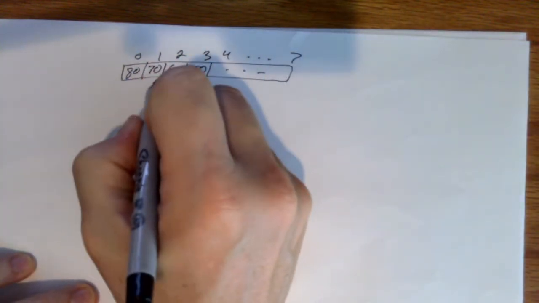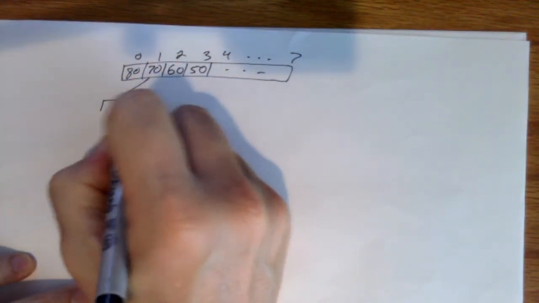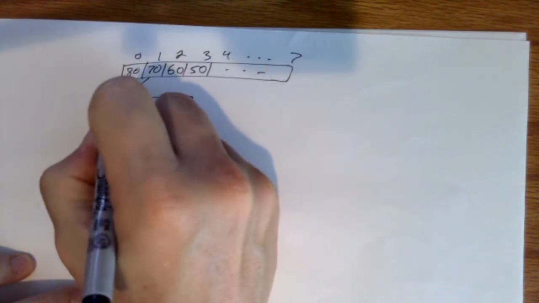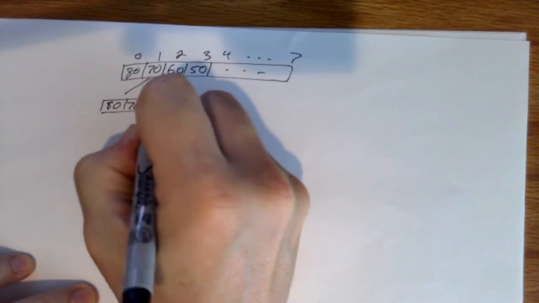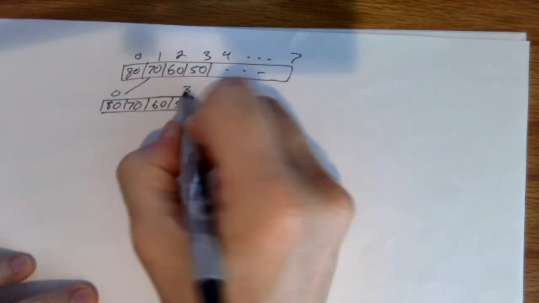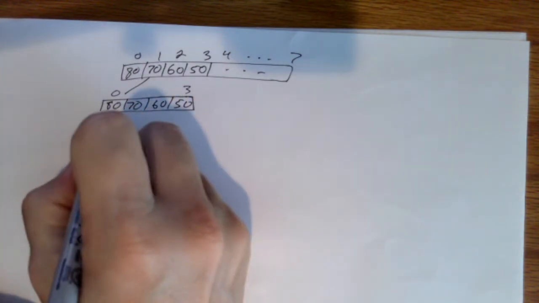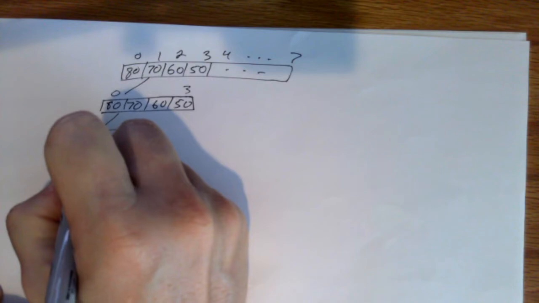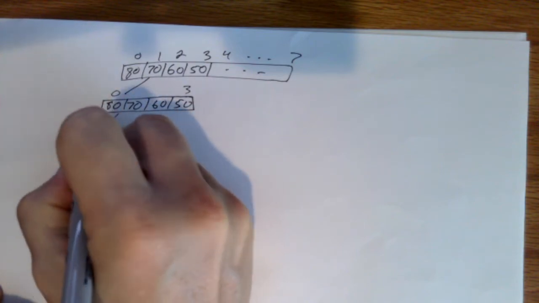And we look at just this portion that contains 80 through 50. And so these are indices 0 to 3. And then we look at the left half of this, which have these indices.